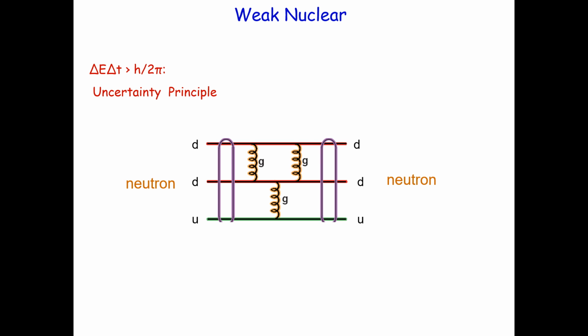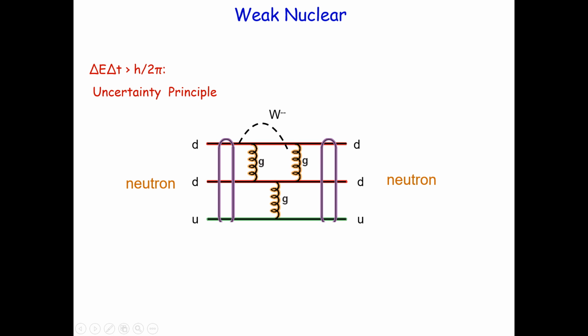If you want to study the weak interactions, or weak nuclear force, you should know about the uncertainty principle, that is, delta T delta E is greater than or equal to h by 2 pi, which is the most famous uncertainty principle. There are interactions between the quarks, and that interaction is governed by the boson.